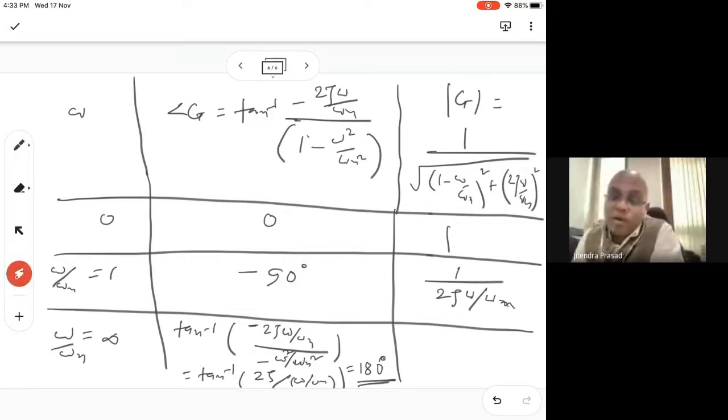Actually, there are two places where tan is 0, tan 180 degrees and tan 0 degrees.